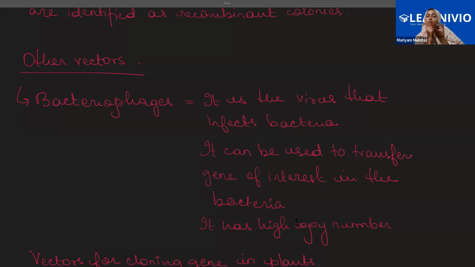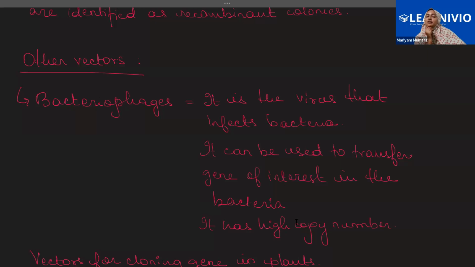Normally, what property are we using of bacteriophage? The property that it infects the bacterial cell, meaning it will go inside the bacterial cell and start dividing. And once it does, it divides a lot. So it has a very high copy number. Having a high copy number means it can divide in less time and produce many more bacteriophages.